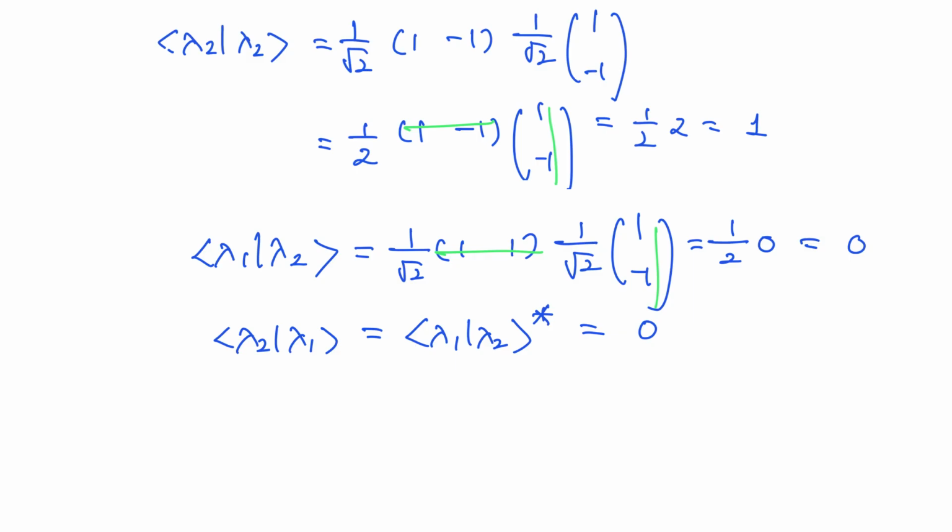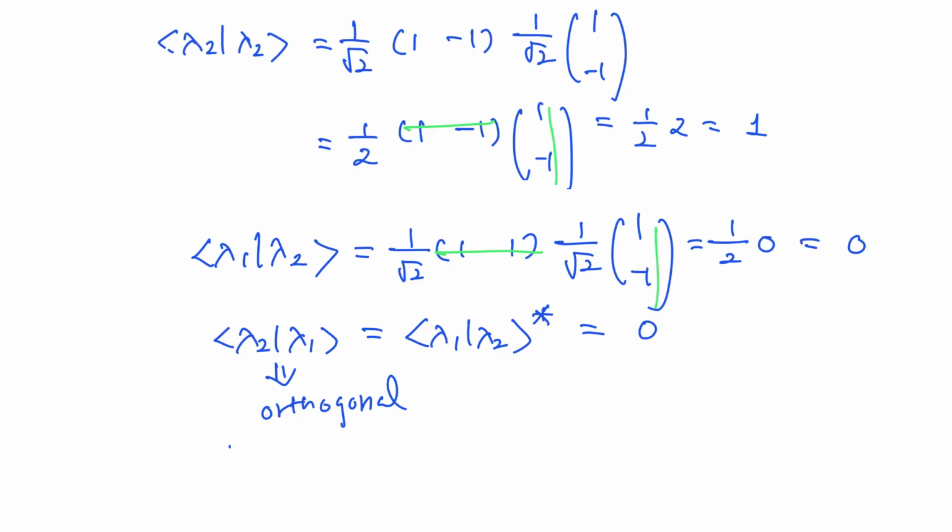So we found that the inner product with the same index is 1, right? How about the inner product with different index? 0. So this is called orthonormal. We say this is orthogonal.